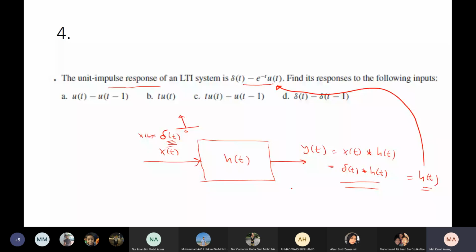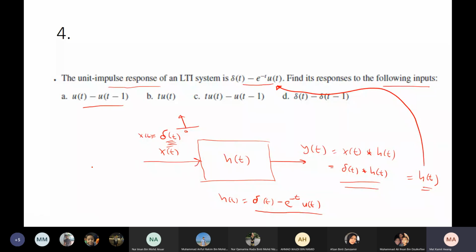So h of t is equal to delta t minus e to the minus t u of t. So this is h of t. Now the question is, if the input is this, what is the y of t?